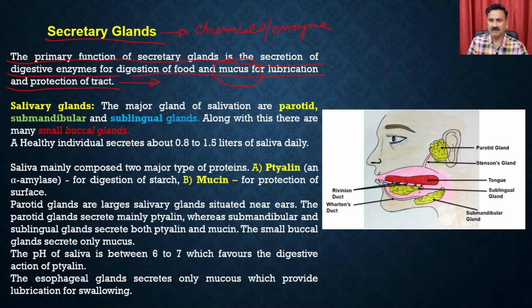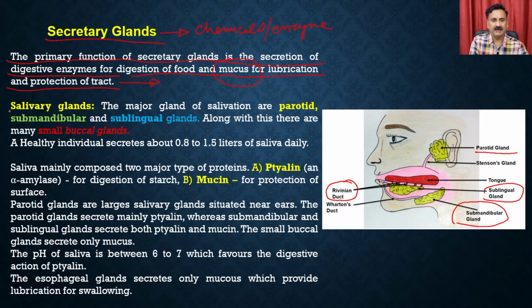In the buccal cavity, what you see here is that we are going to have different types of glands. You are going to have the parotid glands, the sublingual glands, and the submandibular glands, then all the different types of ducts which take up the secretion from these glands, and then it is secreted.